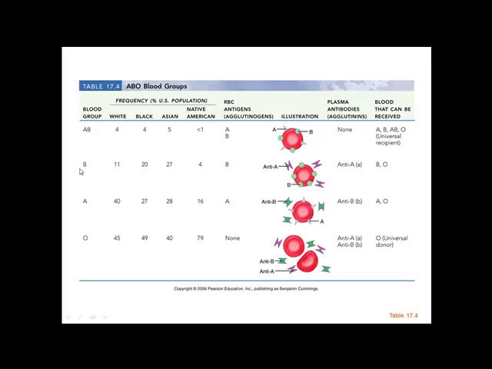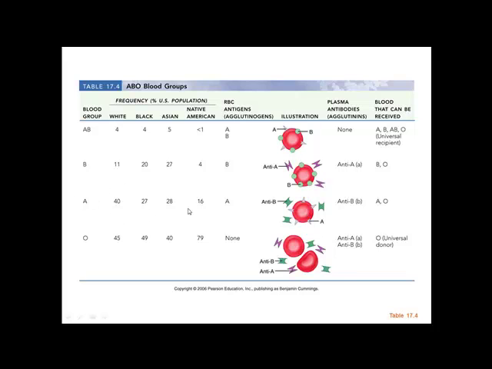If I'm B blood type, I have B antigens on the surface of my red blood cells, and I have anti-A antibodies floating around. So I can receive blood from B because that's my blood type, or O because it doesn't have any antigens on its surface. If you try to give me A or AB blood, these anti-A antibodies are going to interact with them and cause clumping.